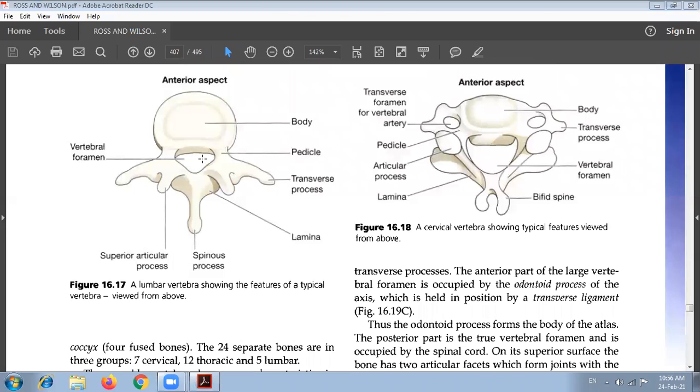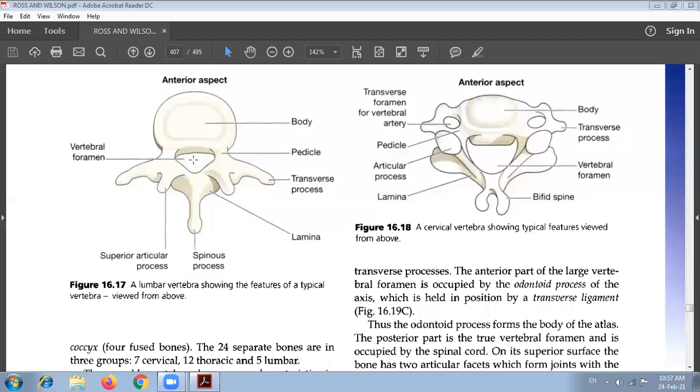So a typical vertebra showing the different structures, that is the body, then different processes. They have different names like transverse processes, then spinous process, then superior articular processes, and in the middle of this vertebra you can see a hollow passage that is called the vertebral foramen through which the spinal cord is passing.